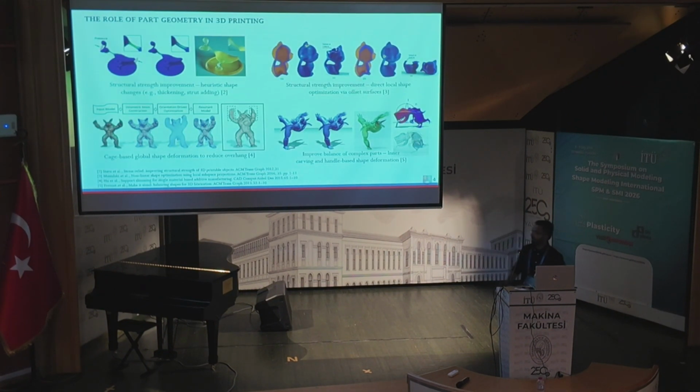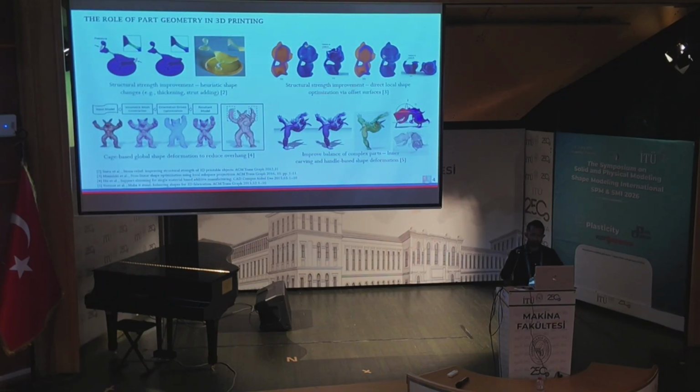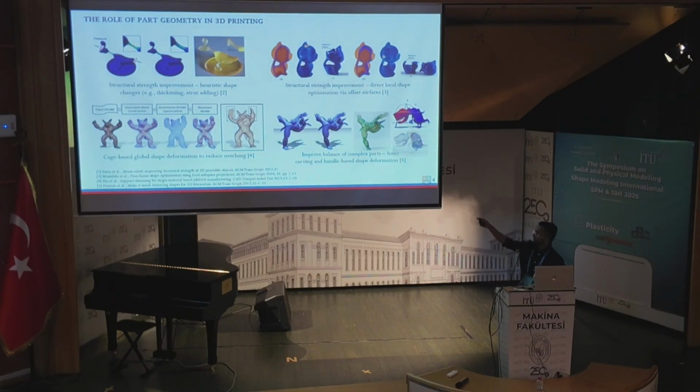When you think about the part geometry, it's quite important for 3D printing applications. For example, several local geometric optimization methods were proposed to improve the structural strength of 3D printed parts. And there have been some cage-based shape deformation methods that minimize support structures, but you can see that those methods deform the shape globally.